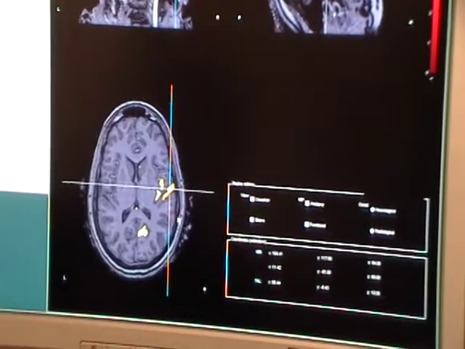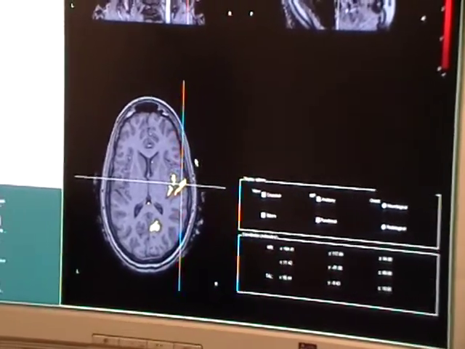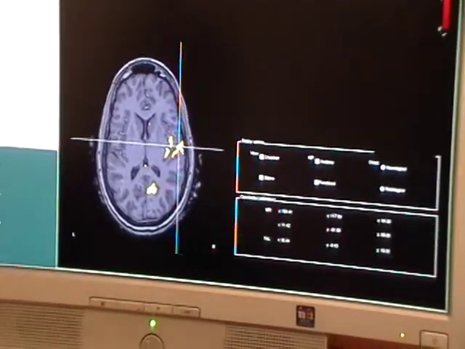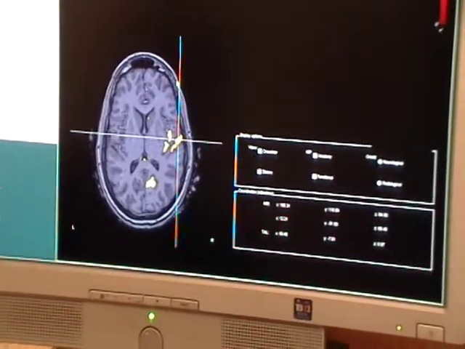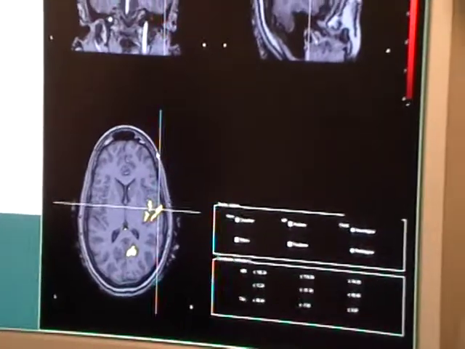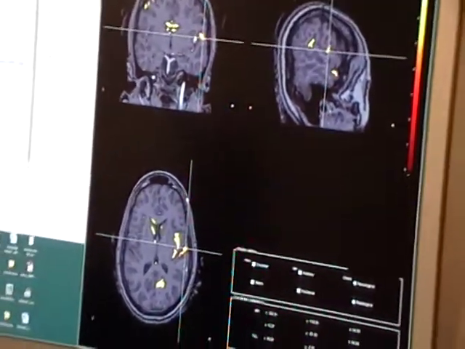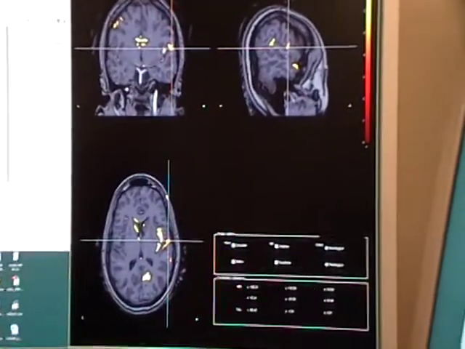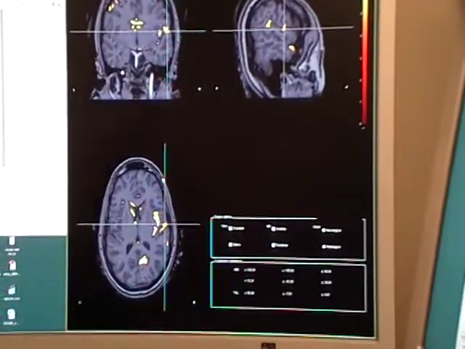We want to be able to pick up and identify the different brain regions that might be involved in the generation of the epilepsy in that patient. If we are not able to go back in time, then we may be fooled by the way epilepsy tends to propagate in somebody's brain.